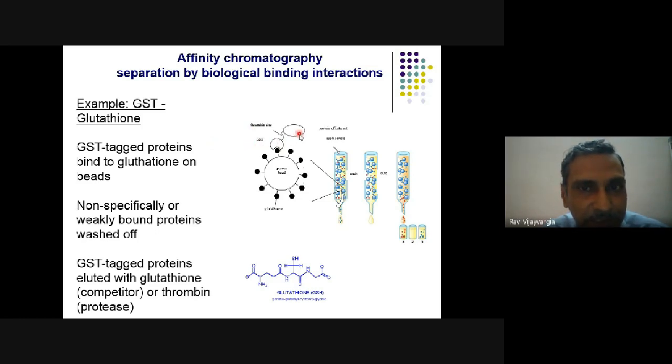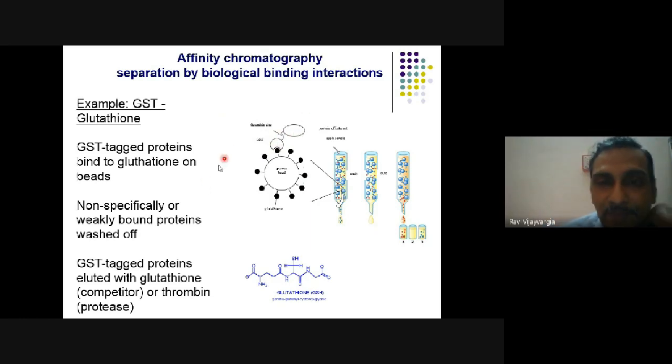This is our protein of interest, tagged with GST, and in between there is a thrombin site, which is a protease site. Once you purify your protein, you can use this protease to cut here, and the protein will be separated from the tag.